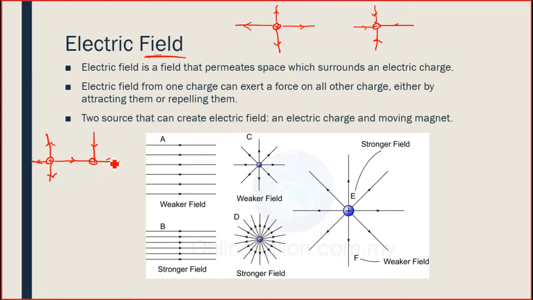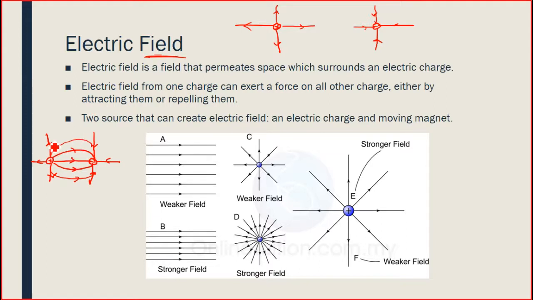The field of negative charge will go inside. And somehow this positive charge field can actually go into the negative charge. And that causes these lines to combine. They are not going to go up, this line is going to be combined with this line.